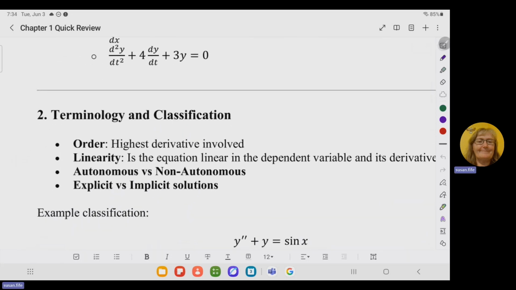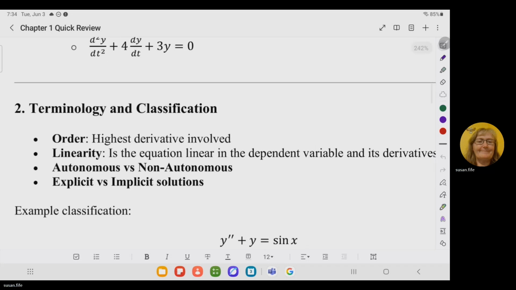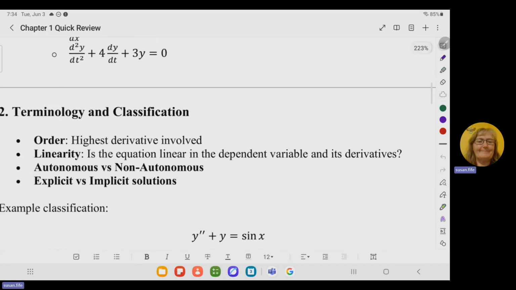So terminology, order is the highest derivative that's involved. Linearity is whether the equation is linear in the dependent variable and its derivatives. So there you're looking at the dependent variable for linearity.